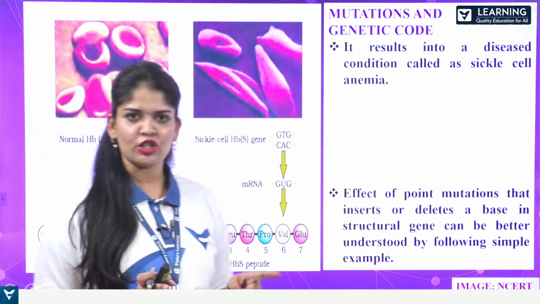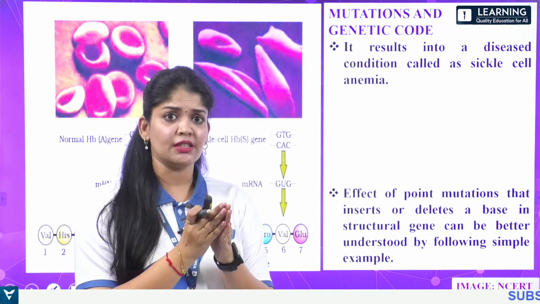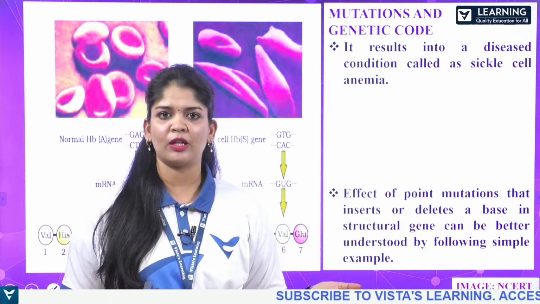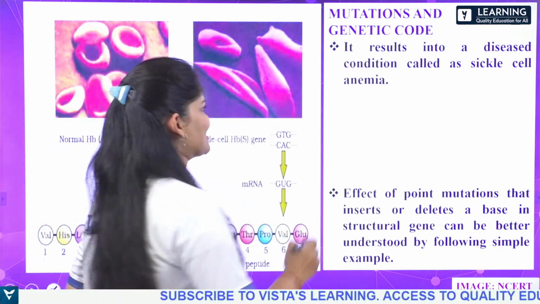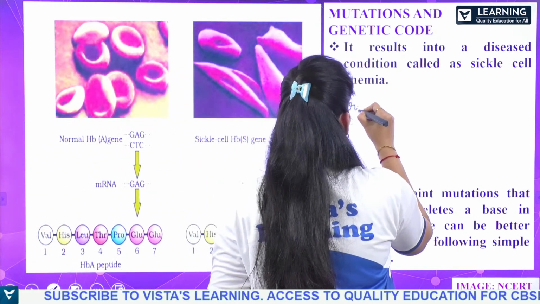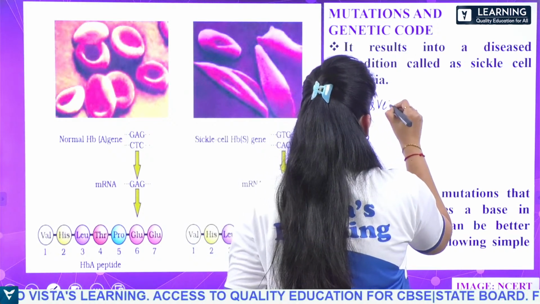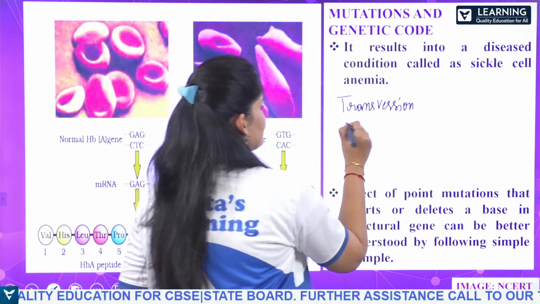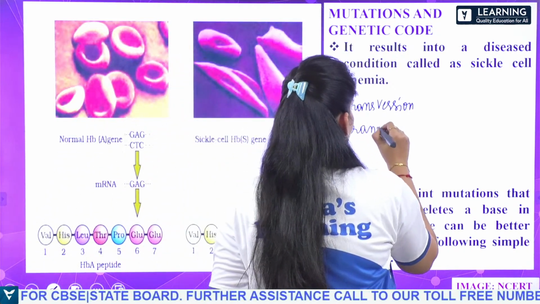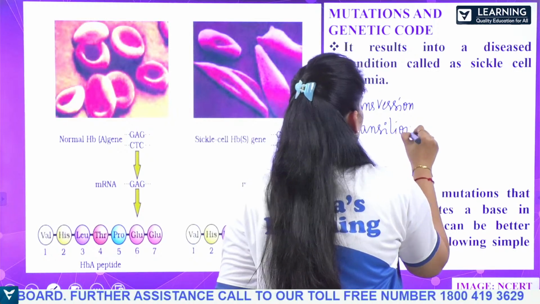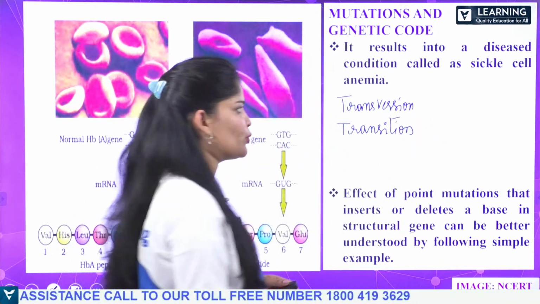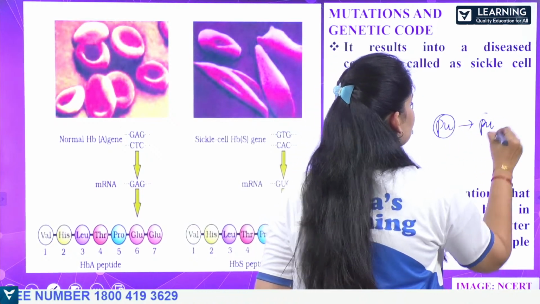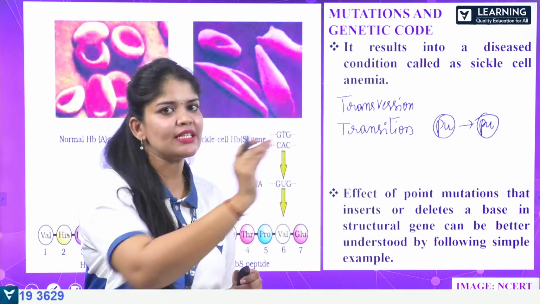Now, I already mentioned point mutation is of two types, depending on whether a purine is replaced with a purine or a purine is replaced with a pyrimidine: one is transition and one is transversion mutation. Transition happens if a purine replaces a purine.